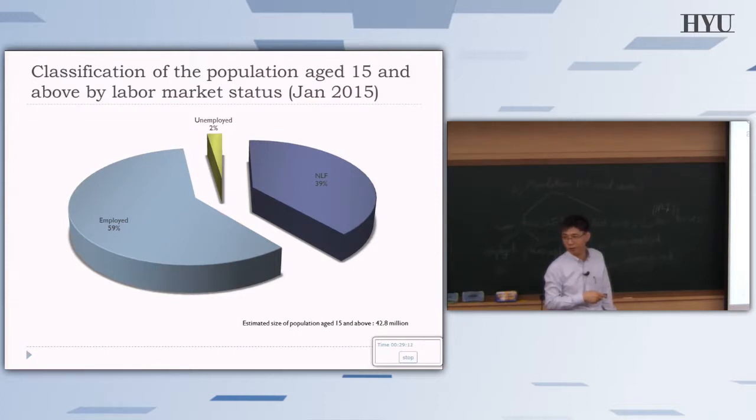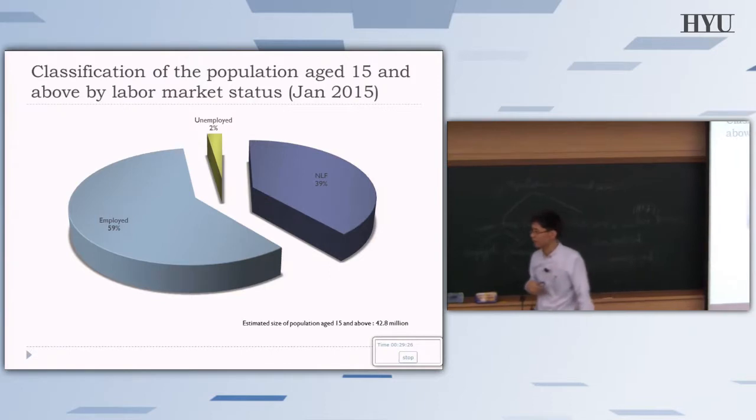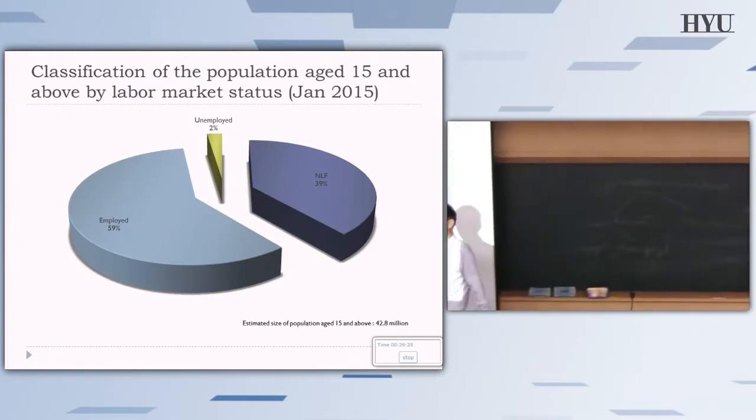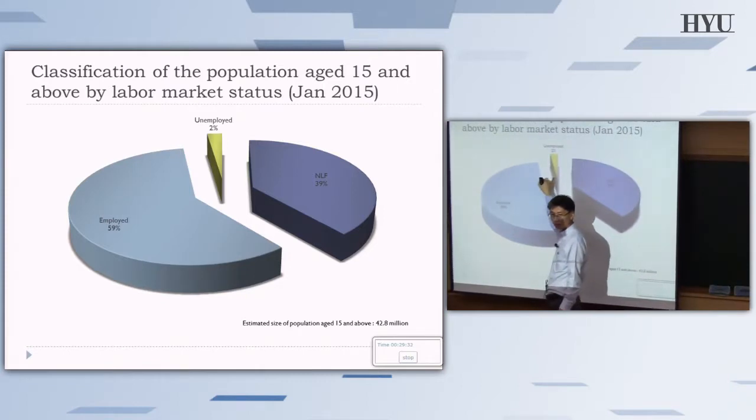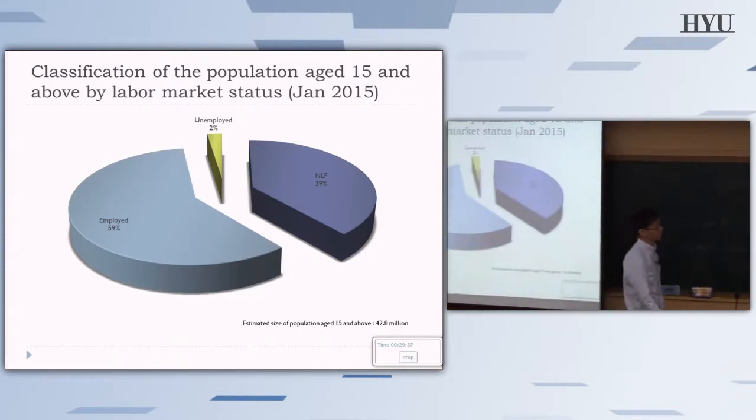LFPR should be what percent? 59? What is LFPR? It should be 61%, right? Because there are 59% employed and 2% unemployed; either employed or unemployed, they are in the labor force, so 61% is the LFPR.